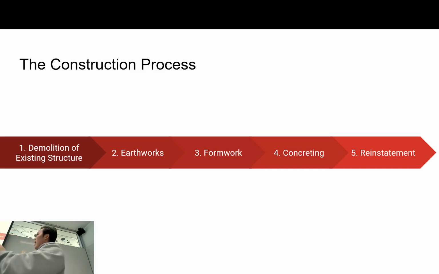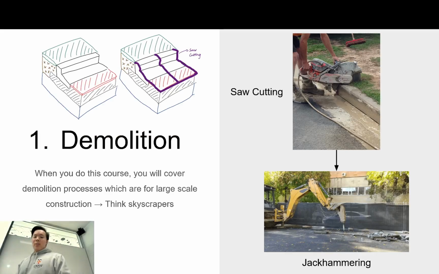Okay, so how are we going to actually do this? Let's have a look at demolition first of all. So demolition. When you're demolishing concrete, concrete's really, really hard, right? So you can't just lift it out of the ground, right? So to actually demolish concrete, what we need to do is we need to cut it first, and then we need to hammer it with a jackhammer, right?